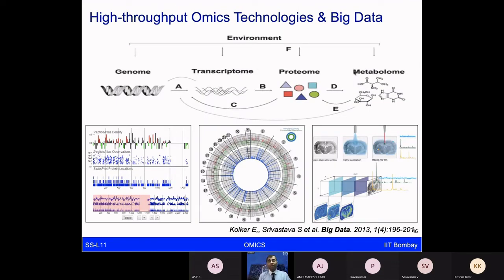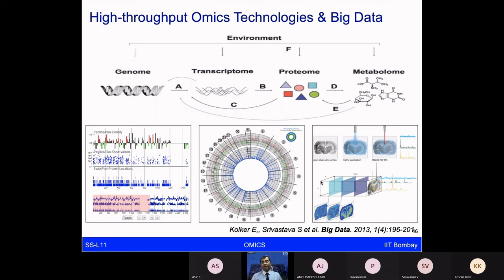All of this is generating a lot of big data, as I'm sure you're aware. The technologies are very robust now, one could use them easily, and they are quite accessible to different centers in different parts of the world. So one could generate a lot of data along with various imaging data, like radiology data and immunohistochemistry data.